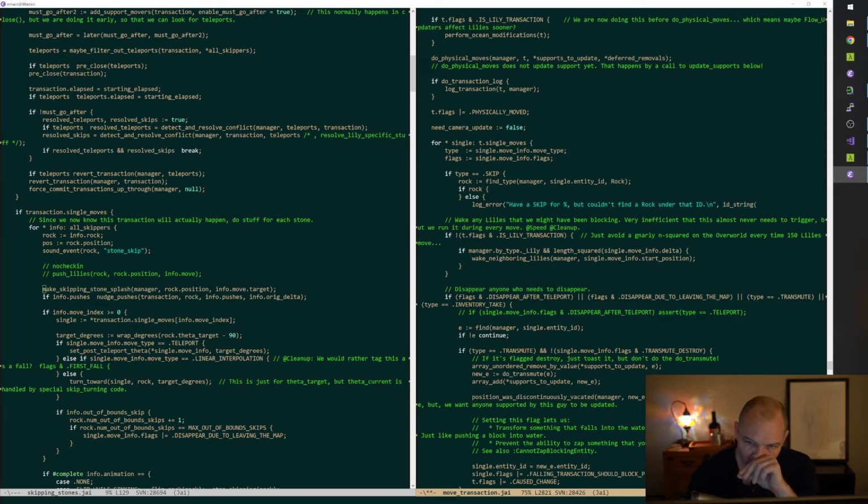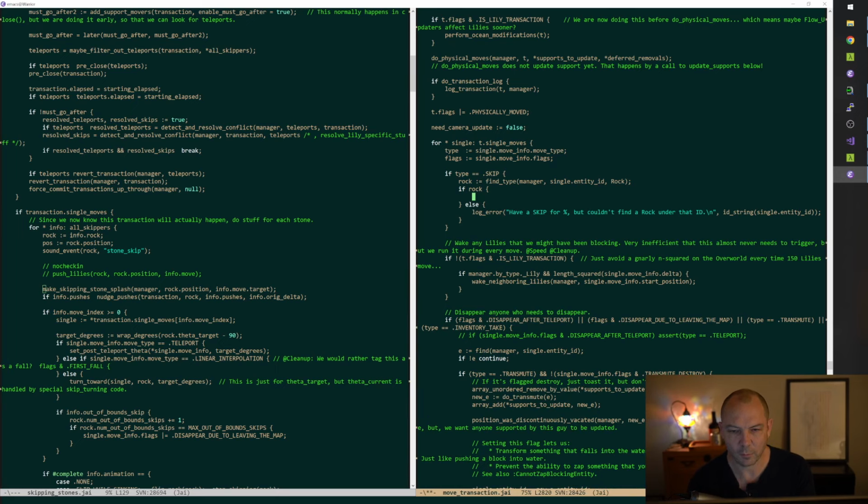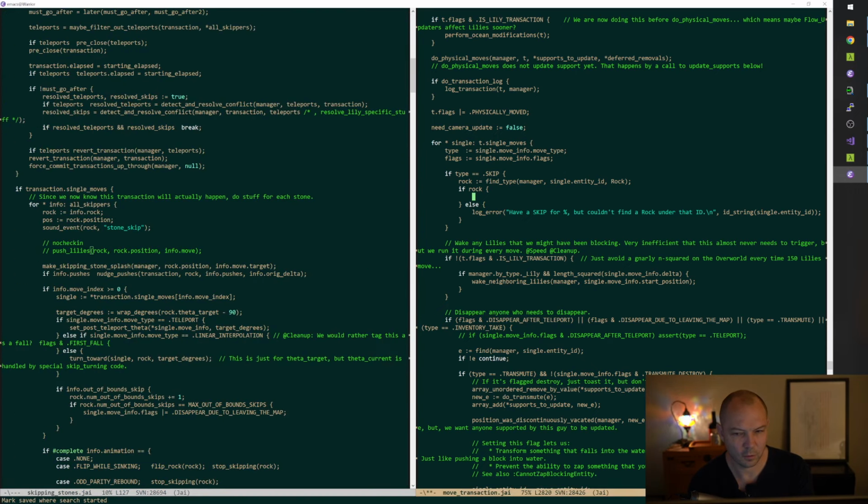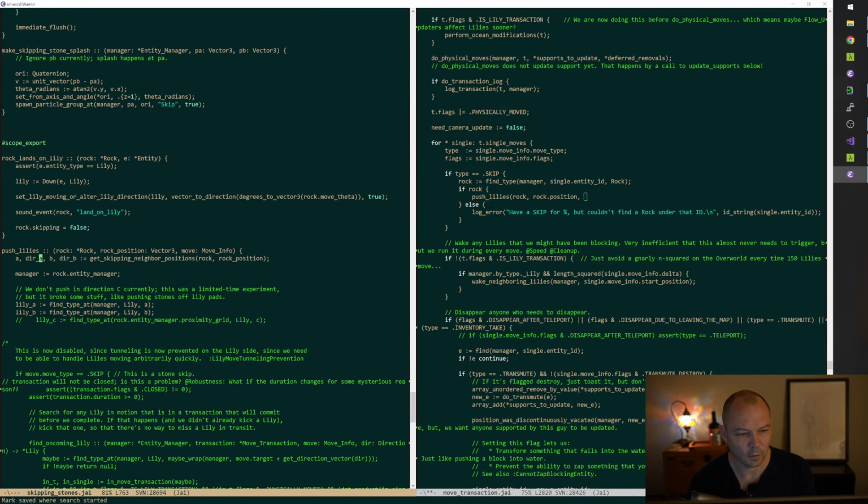ID string of single entity ID. All right. So if it's a skip, we're going to say push lilies rock dot position. What is info dot move target? Info dot move. What is that? Move info. Okay.